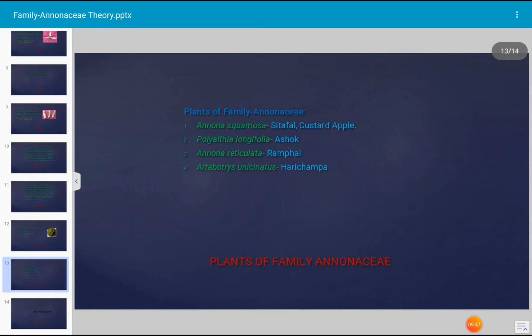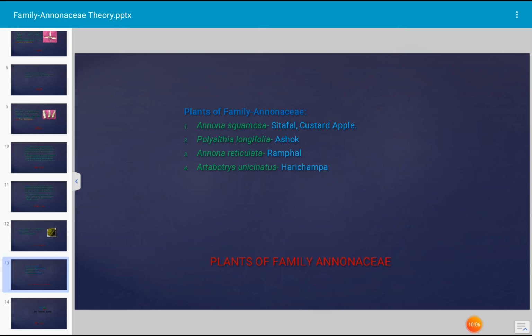Let us see the plants of family Annonaceae. Annona squamosa is the botanical name of sitafal, and in English it is called custard apple. One more important plant of this family is Polyalthia longifolia. It is commonly known as Ashoka.